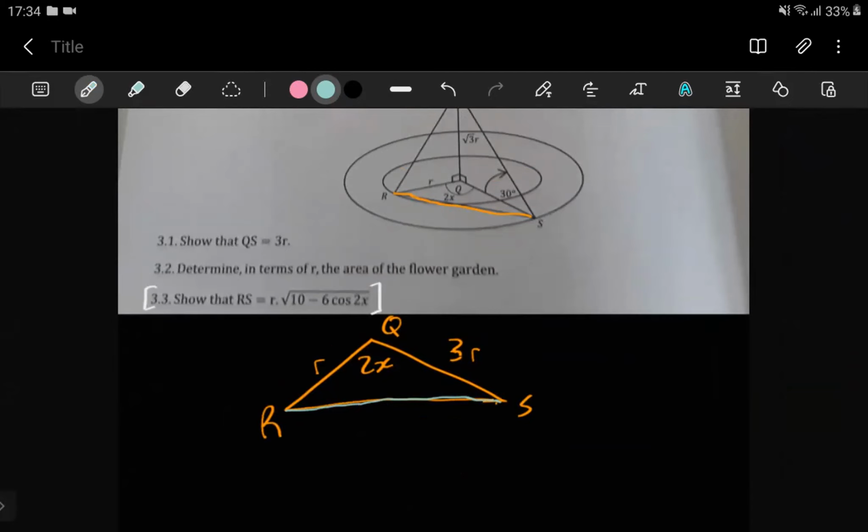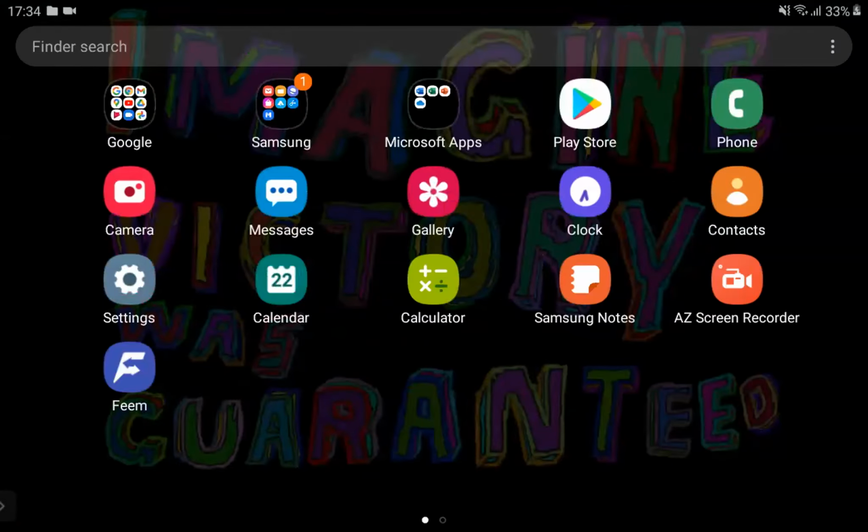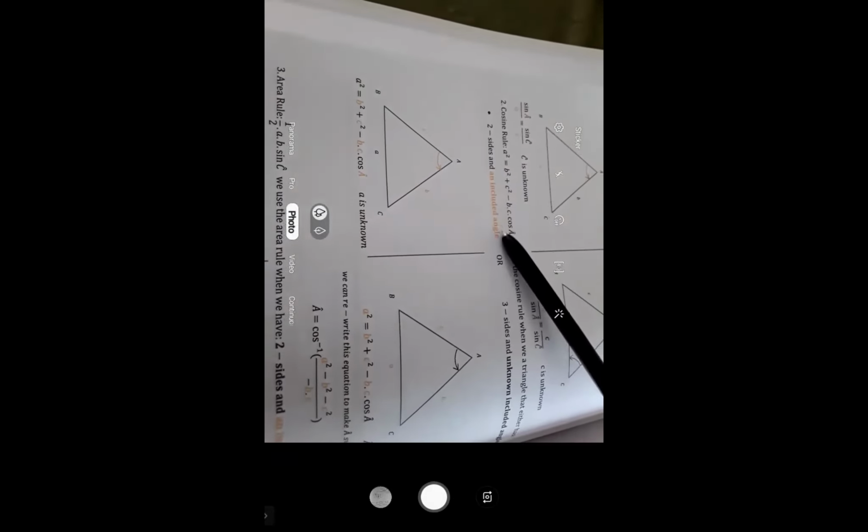Because from what's written here, you're always reminded that with your 2D triangles, if you're going to use the sine rule or the cosine rule, it's always a matter of seeing which information you have been given. For example, with specifically the cosine rule, for us to use it, we need to at least have 2 sides given and an included angle.